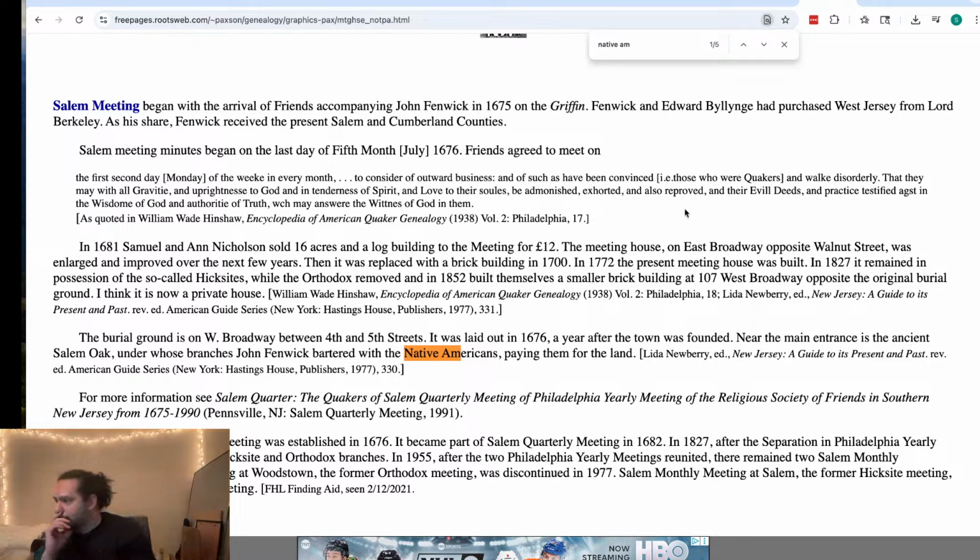Let's see. Tuckerton. Good old Tuckerton. I like Tuckerton. Tuckerton was a port where sailing vessel chandlers bought fresh cedar water.